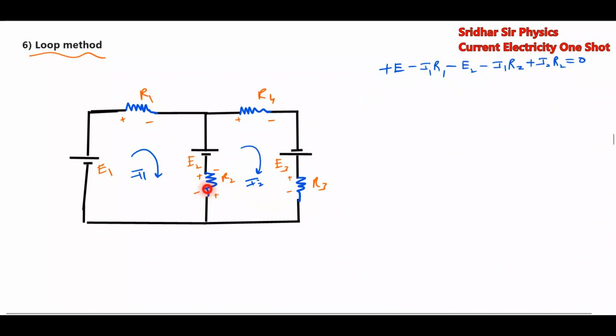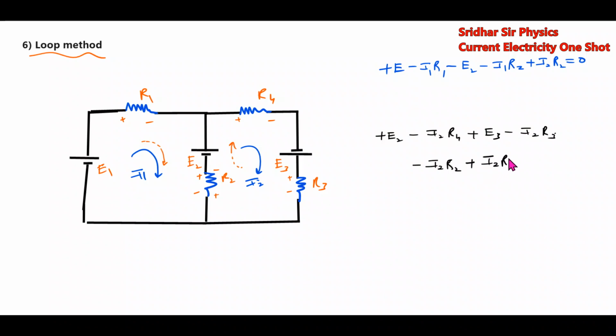Similarly, we'll traverse the loop like this. Any direction you can traverse it. Then this will be plus E2 minus I2 R4 plus E3 minus I2 R3 minus I2 R2 plus I1 R2 equal to 0.